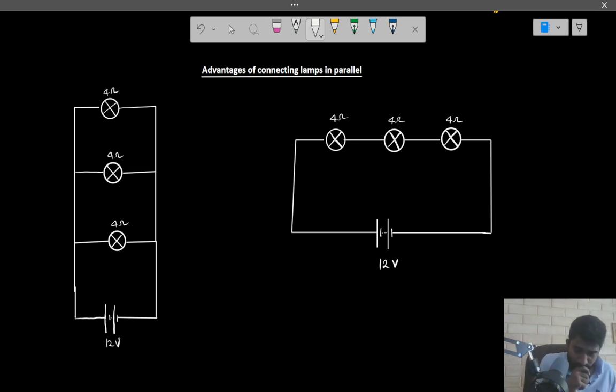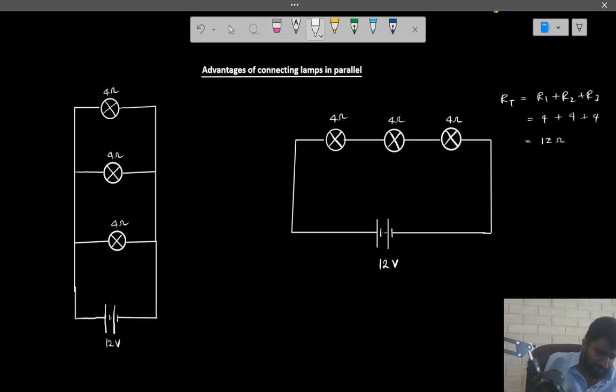Here also 12 volts. Now you can simplify the total resistance of this one. R1 plus R2 plus R3 is equal to R total. So here it is 4 plus 4 plus 4. It is going to be 12 ohms, the total resistance of this one.